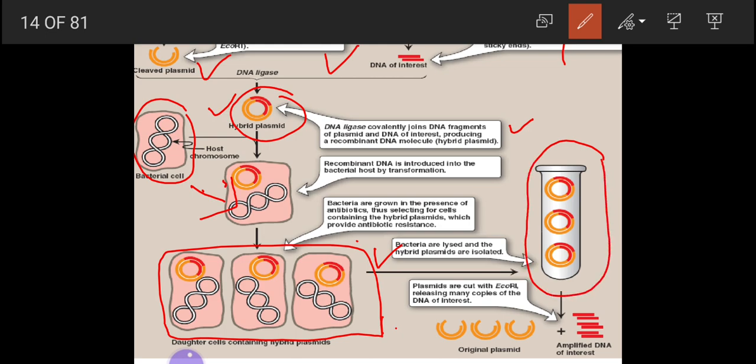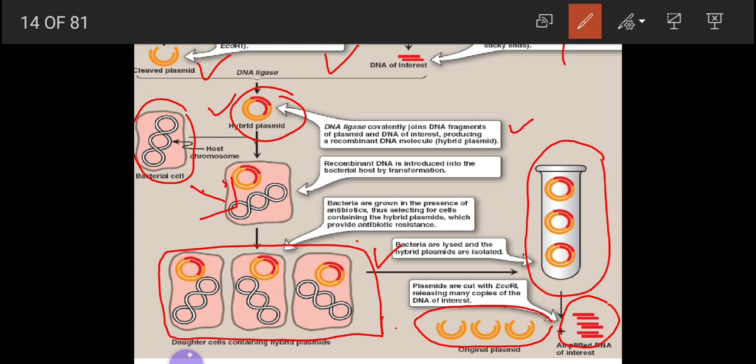And what is the next step? Plasmids are cut with EcoR1, the same enzyme which we used at the start of our experiment. Plasmids are cut with EcoR1, releasing many copies of the DNA of interest. So we have the amplified DNA of interest. This is called DNA cloning.